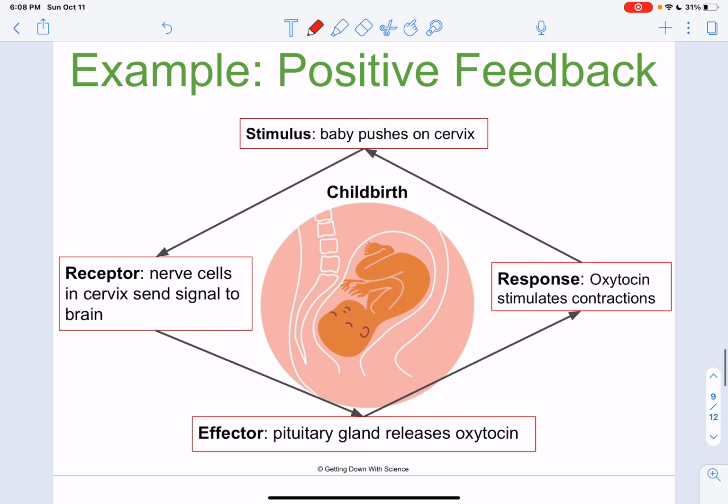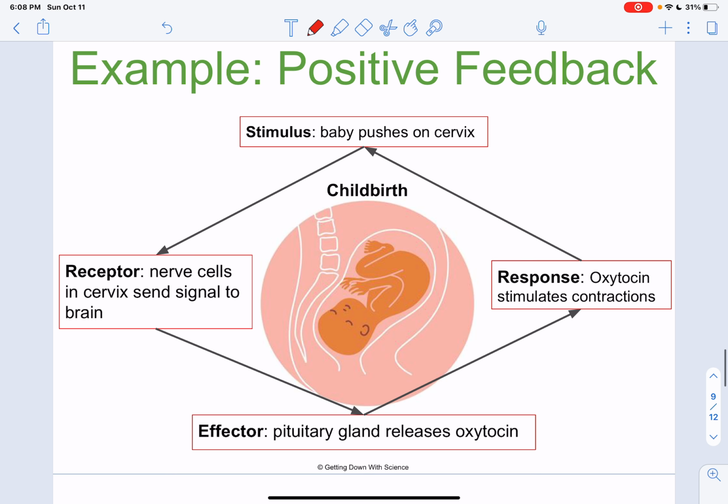So the example that we're going to talk about is childbirth. And so how do we push a baby through the cervix? Our stimulus is that our water is going to break. We need to push this baby out through the cervix. Our receptor is going to include the nerve cells in the cervix sending signals to the brain. The effector is going to be the pituitary gland releasing oxytocin.